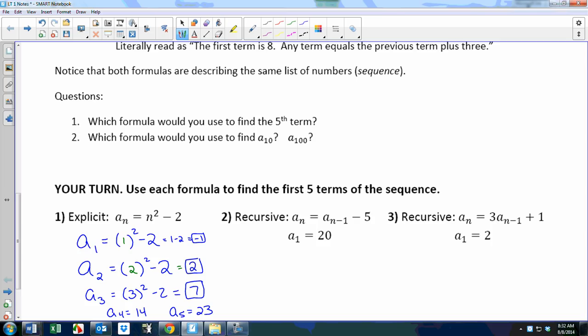So yeah, the first term, a sub 1 equals 20, has to be given on a recursive. There's the first one. Now let's find the second one together. According to the formula that's given, if I put a 2 where n is, a sub 2 equals a sub 2 minus 1. It equals a sub 2 minus 1, mental math, a sub 1.